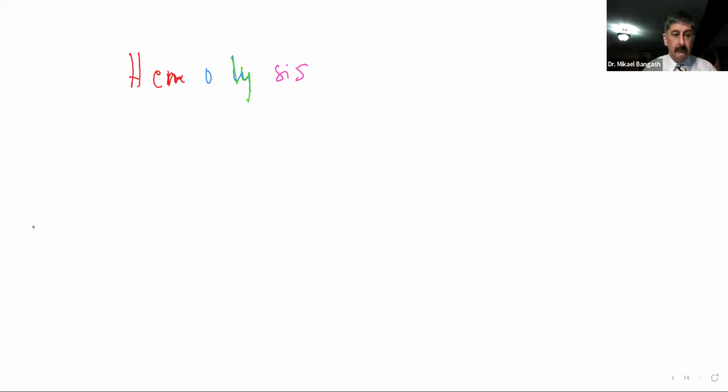What was this one here? The breakdown of primarily red blood cells. Now, guys, there's going to be a word that may be pretty similar to this, but you can easily mix it up. And that's going to be hemo.